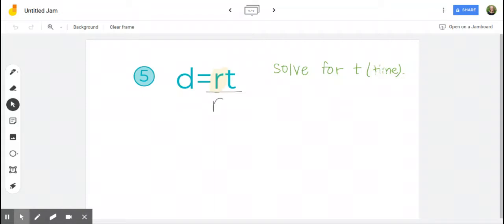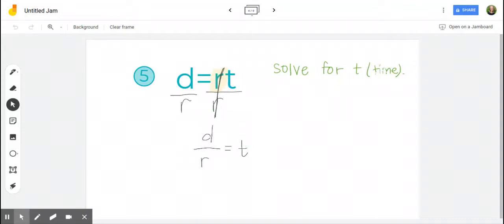But we know in math, if we do it on one side, we have to do it on the other. Okay, so we have D, remember that's distance, over R, which is our rate of speed, equals, your R's canceled out, and T for time is now all by itself.